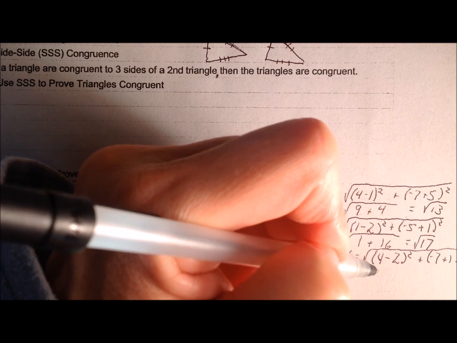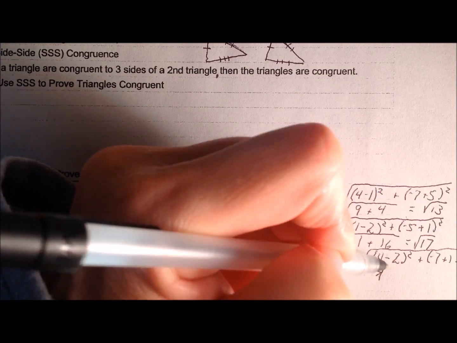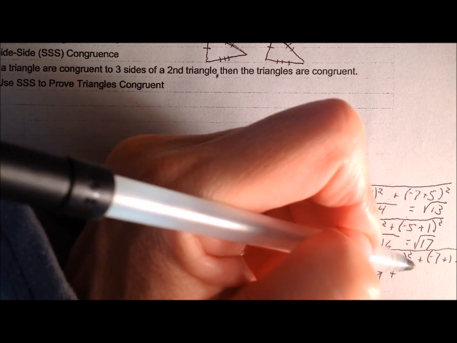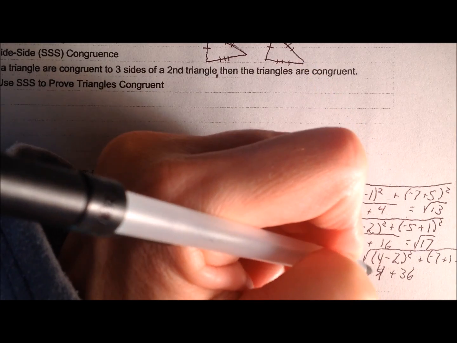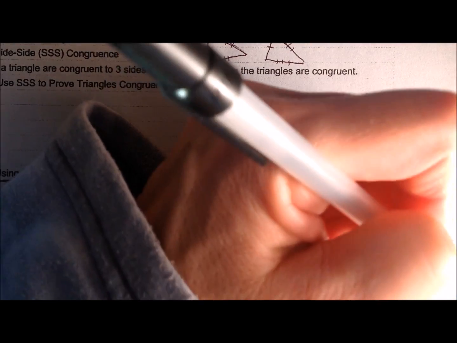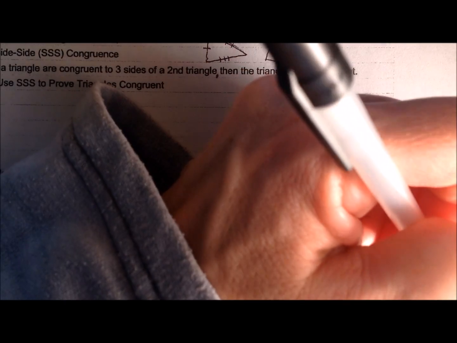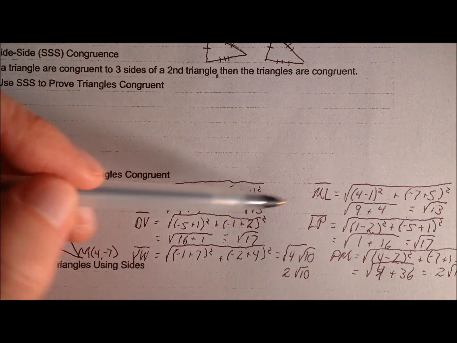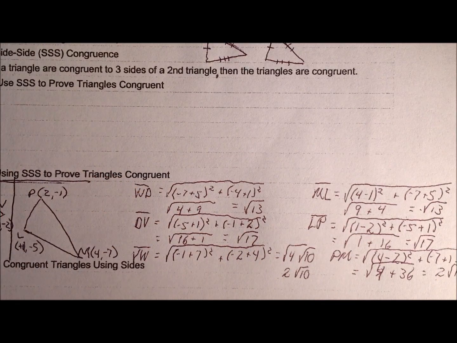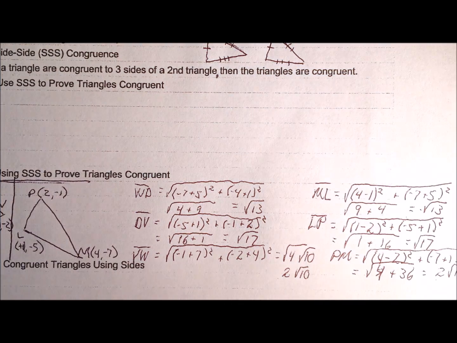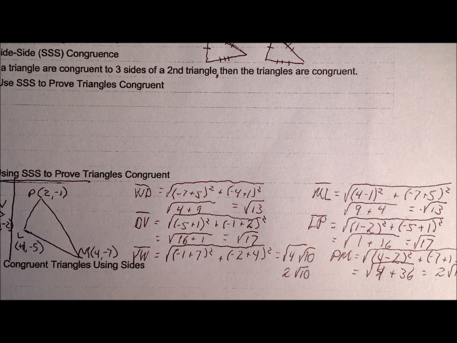We have 2 squared, which is 4, plus our -6 squared, which is 36, which is radical 40, which we found out over here was 2 radical 10. We have 3 sides with the same lengths. We have congruent triangles. Please complete concept or check your progress number 2.